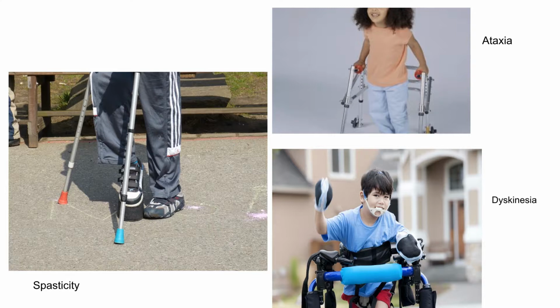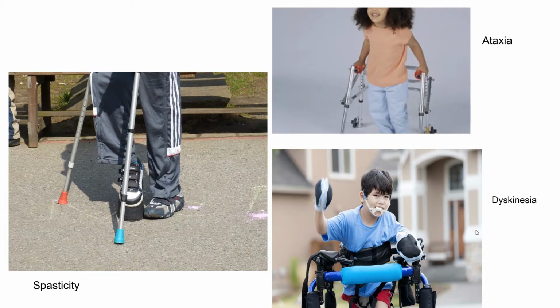Here's some examples. So spasticity, the individual has little to no use in his right leg. This girl up here has poor coordination and balance, hence the use of this walker to keep her gait more linear when she ambulates.